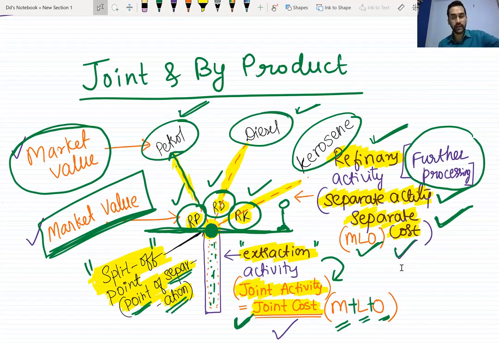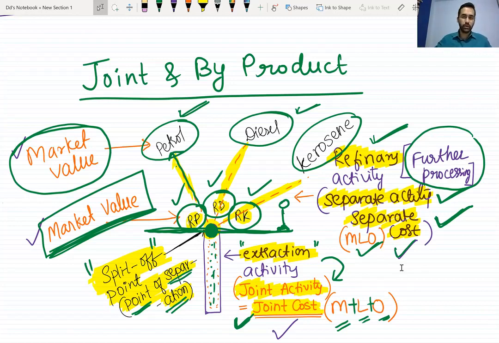Right. And then at some point you're going to separate all of them. That point is called split off point or point of separation, right? What are we going to do after that? Once you segregate, it is in raw form, raw petrol, raw diesel, raw kerosene. Either you can sell it there itself, correct?